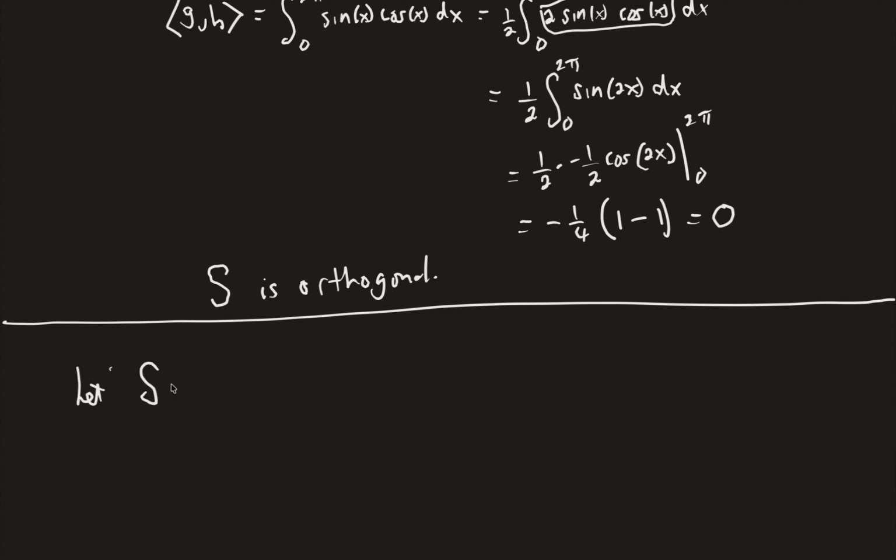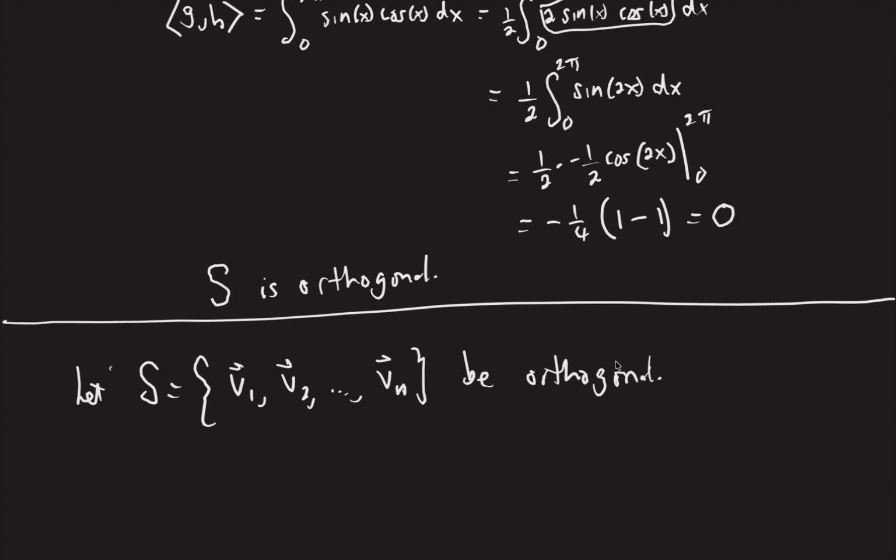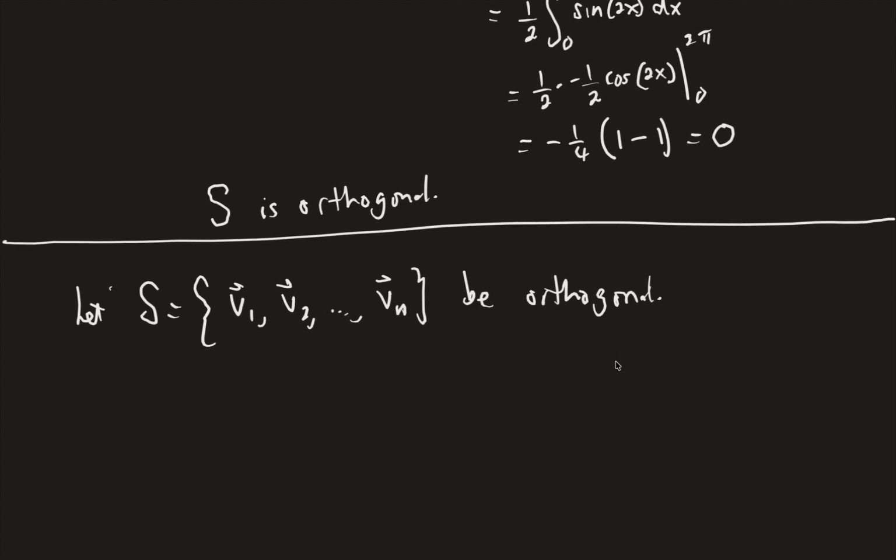So let S be V1, V2, dot, dot, dot, Vn. So let this set be orthogonal. I'm not specifying what vector space or what inner product. Let's just say we have an orthogonal set.